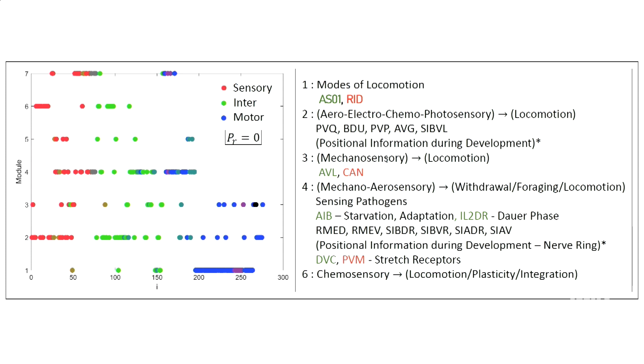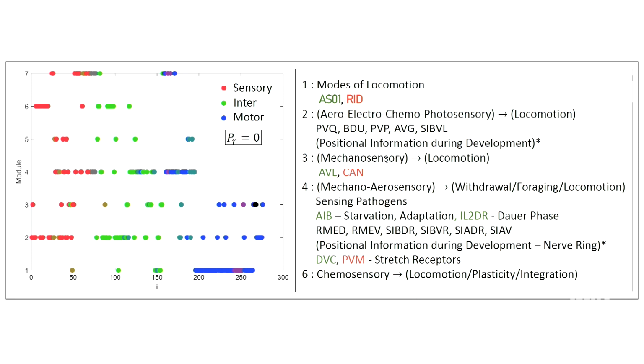One of the modules specifically contains the neurons designated to encode the positional information of the neurons in the nerve ring, which is the cluster near the brain region of the worm. And another module captures very distinct features like withdrawal tendencies of the worm once they encounter a mechanical stimulus or chemical toxins, and foraging behavior.